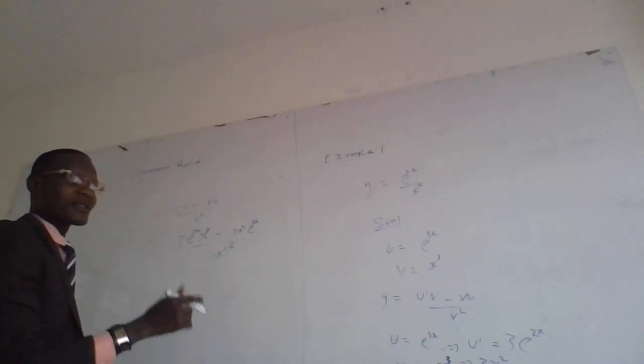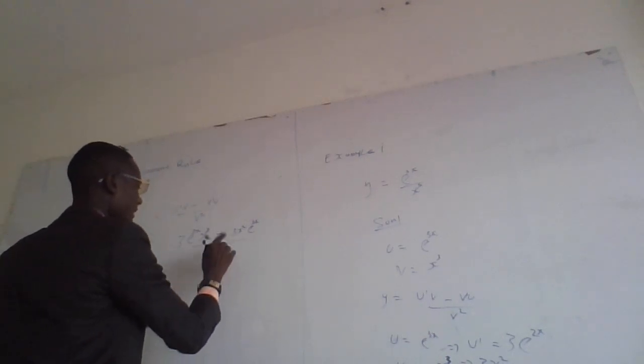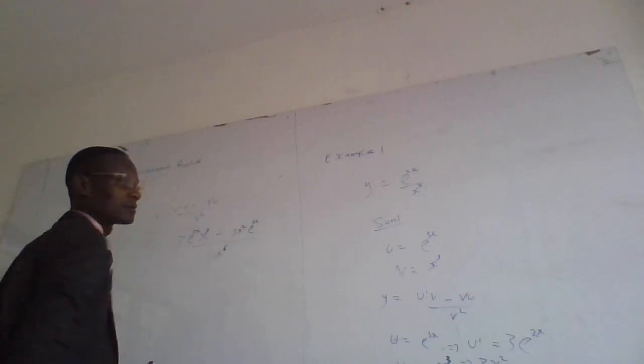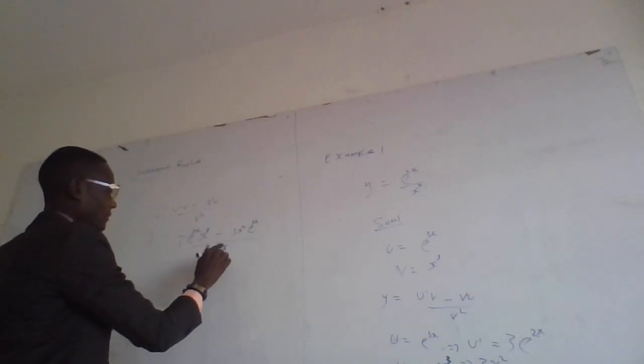When we square this in simple terms, we get nothing other than x raised to power 6.